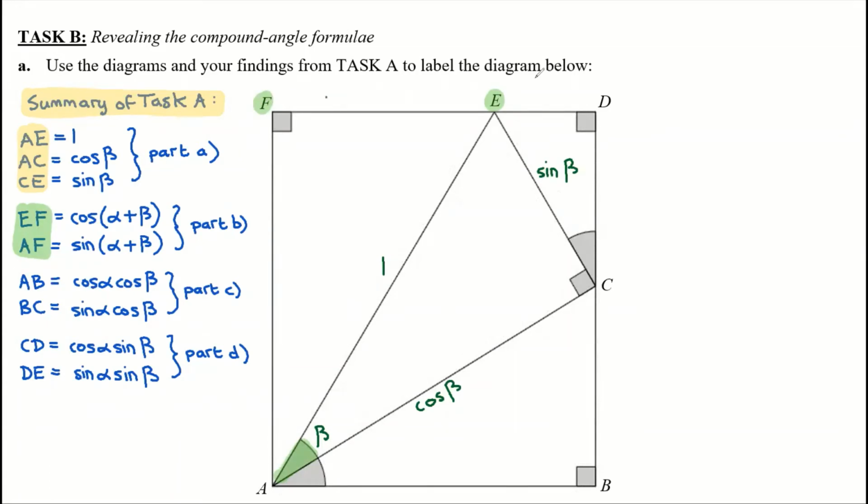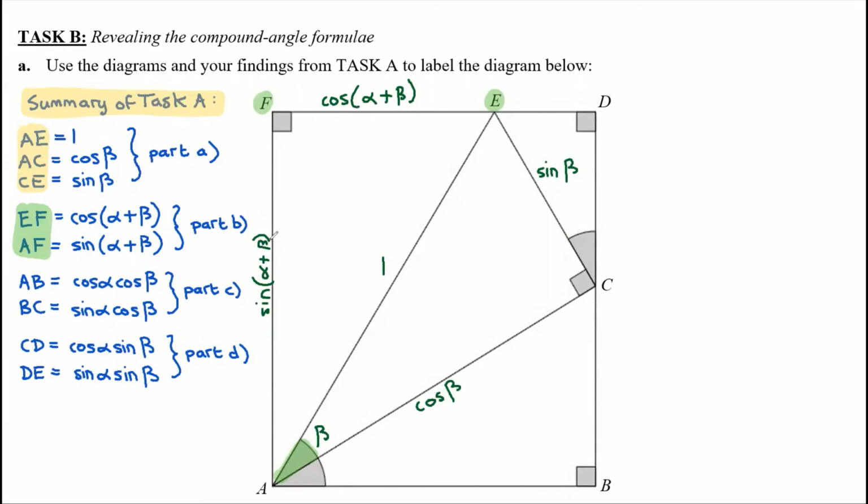Okay, so this is going to be the cosine of alpha plus beta. Okay, and AF, which is the vertical side on the left, is going to be the sine of alpha plus beta. So I'm going to write this vertically like that.